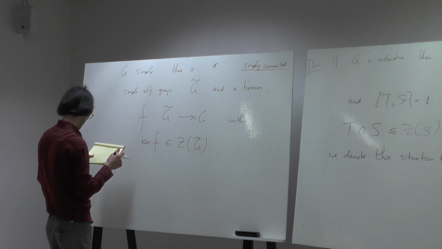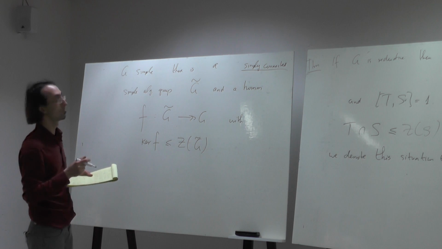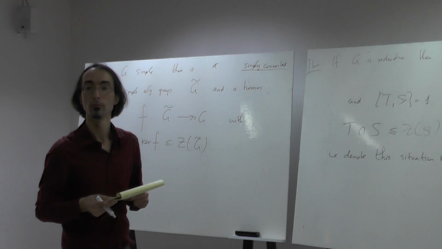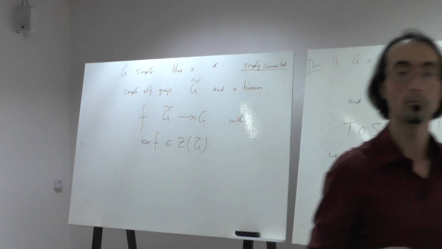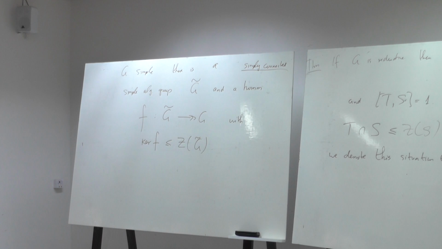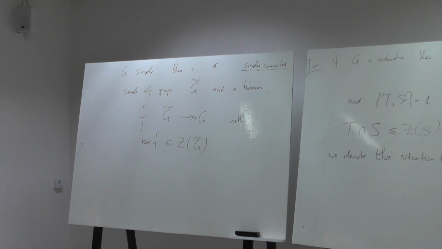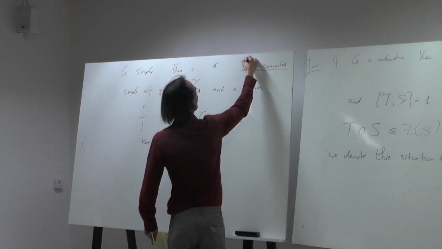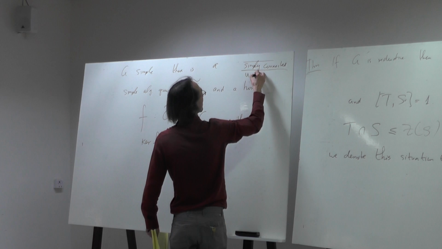When you say simply connected, you mean in which topology? When you say it is a simply connected group, G tilde, in which topology? The meaning of simply connected is motivated by Lie algebras and Lie groups, where in the case of Lie groups this G tilde will be simply connected. What is the definition here? Sometimes it's called universal instead.